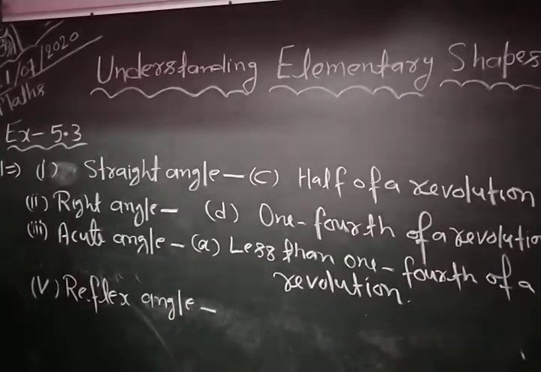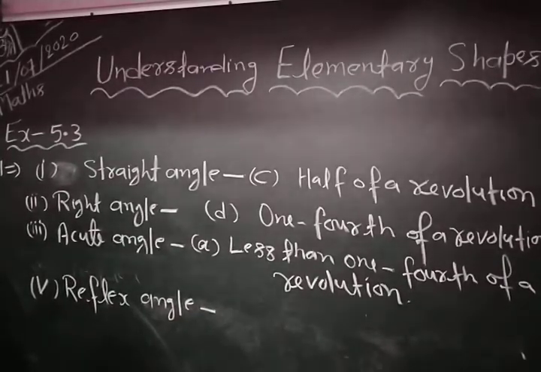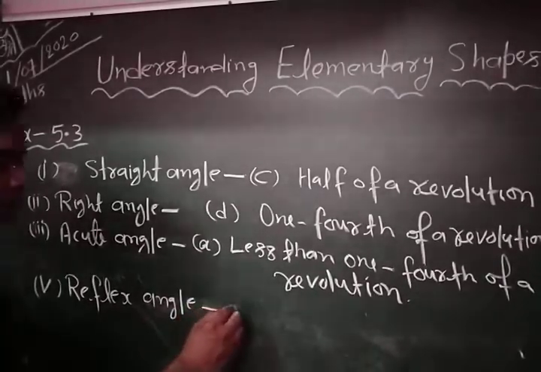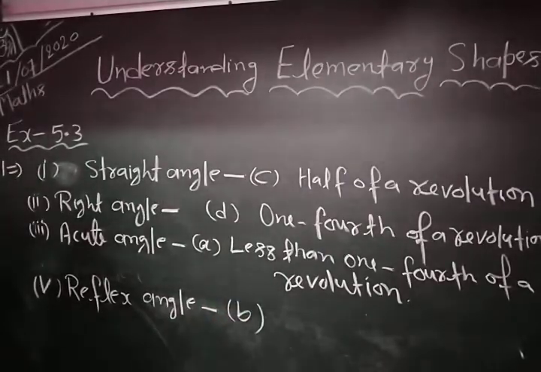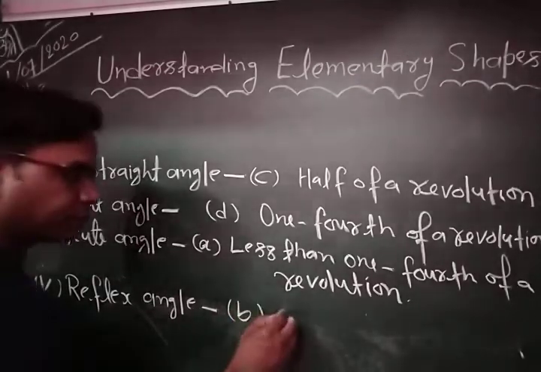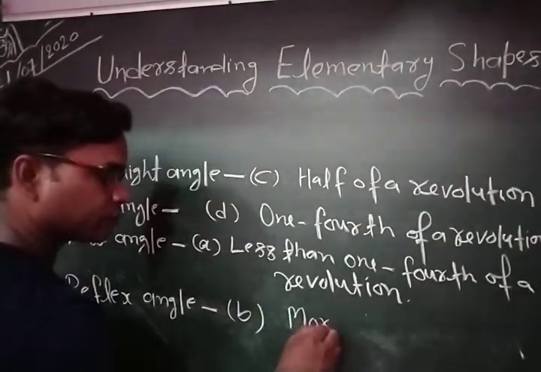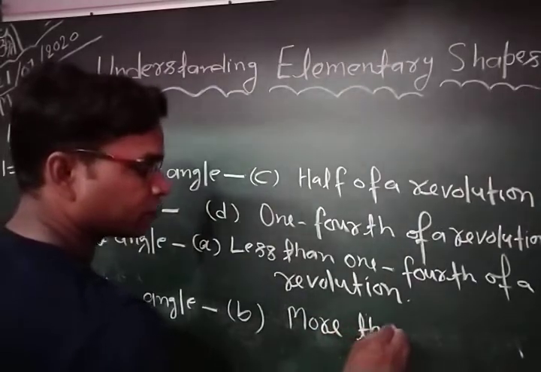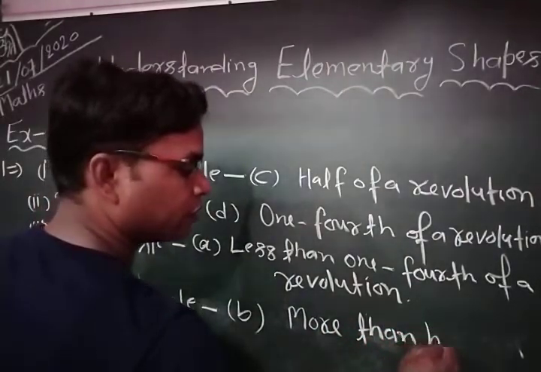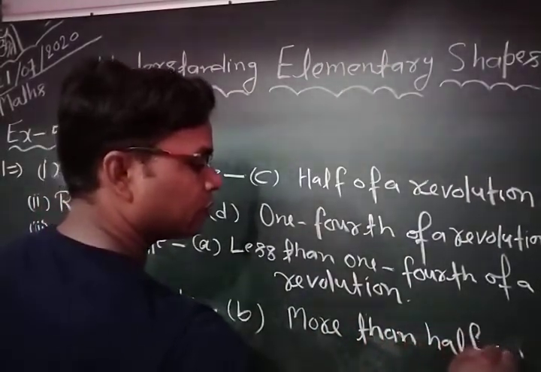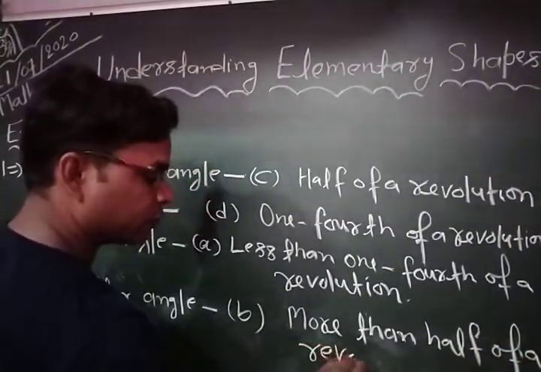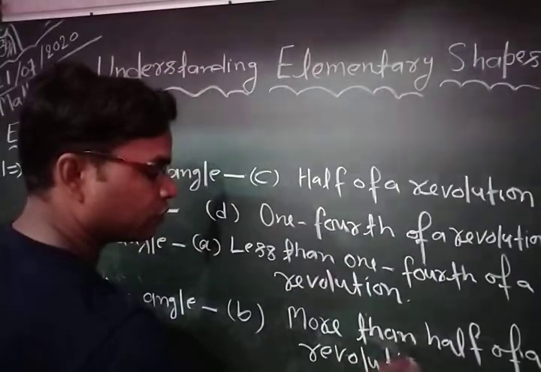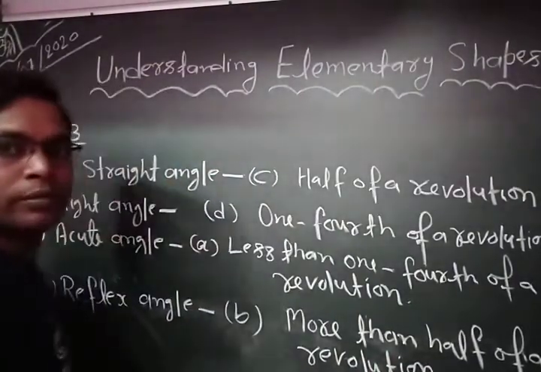What is a reflex angle according to these options? Option B. Option B is more than half a revolution.